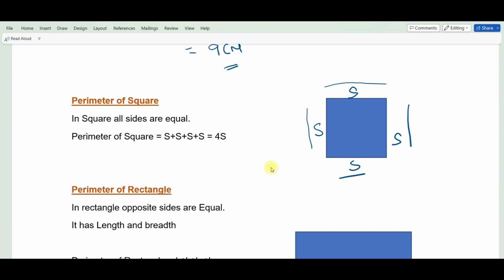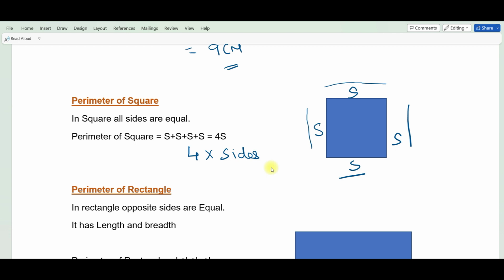So in that case, the perimeter of a square would be side 1 plus side 2 plus side 3 plus side 4, which can be written as 4 sides or 4 into side. So any which way you can write the perimeter of a square.